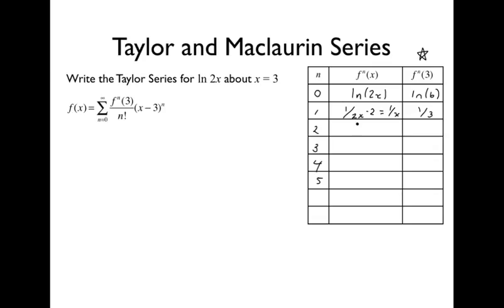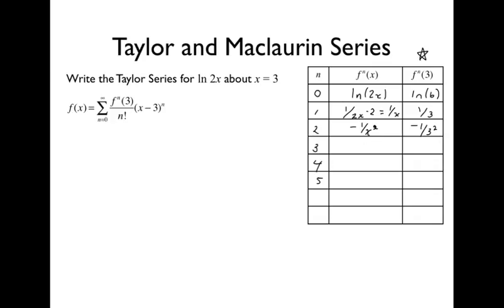Second derivative: negative 1 over x squared. You have to see this as x to the minus 1. So negative 1 over x squared, and at 3 we get negative 1 over 3 squared.